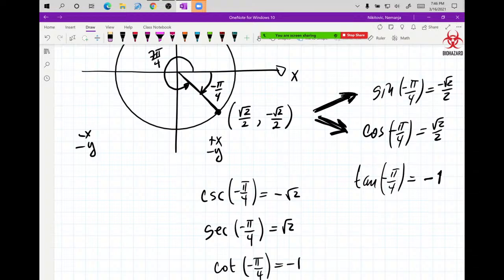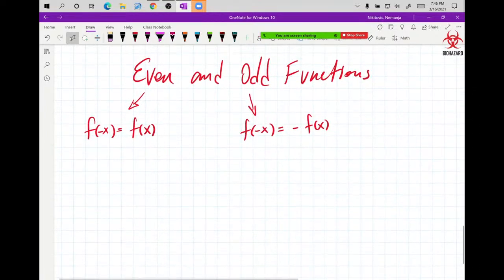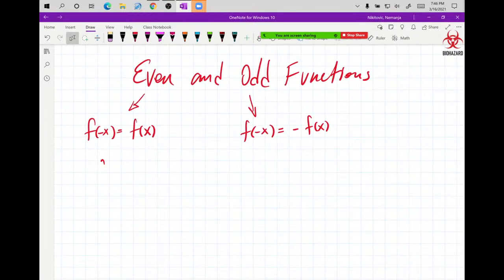That's the even function. So for even functions, we have the cosine and the secant. For the odd functions, we have the sine, the tangent, the cosecant, and the cotangent. And those are the four odd trig functions.